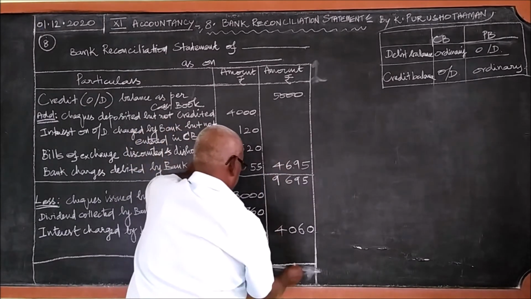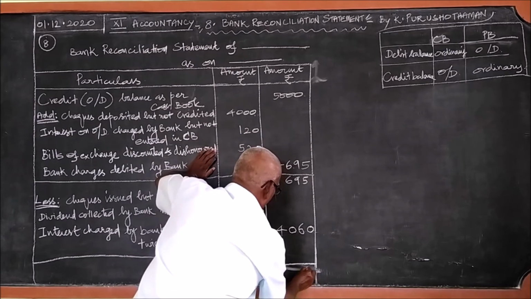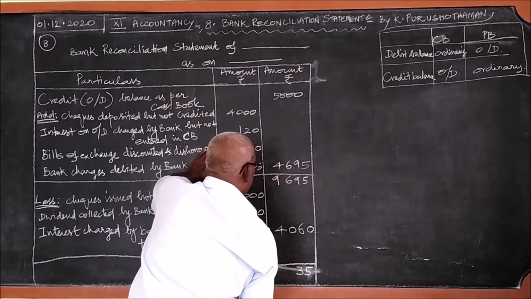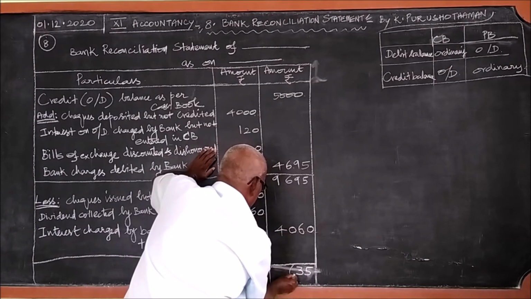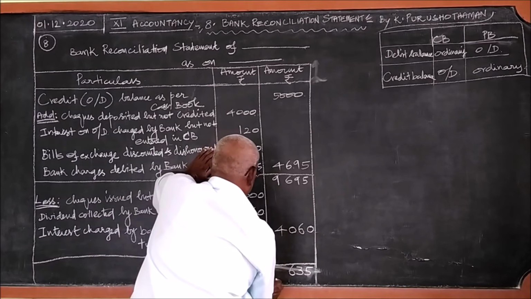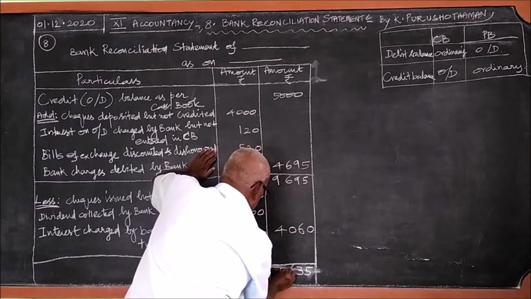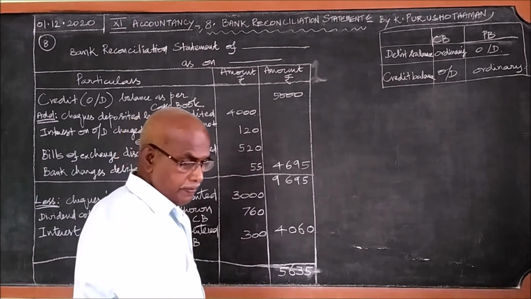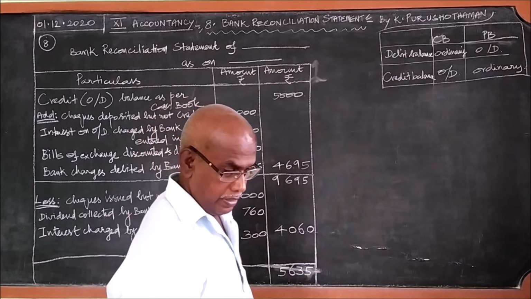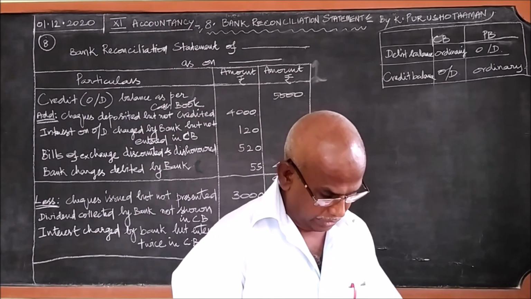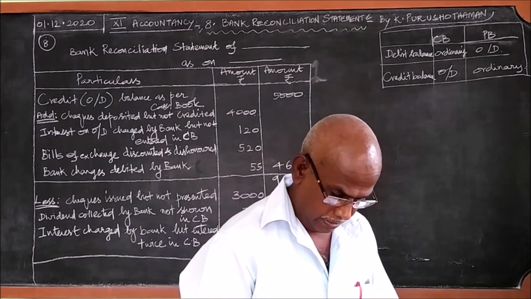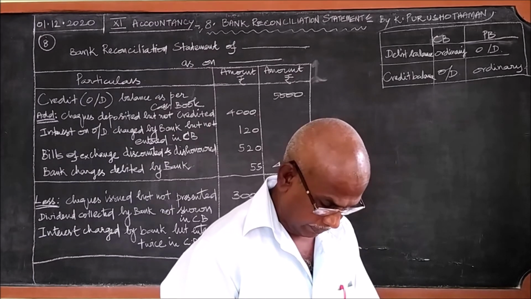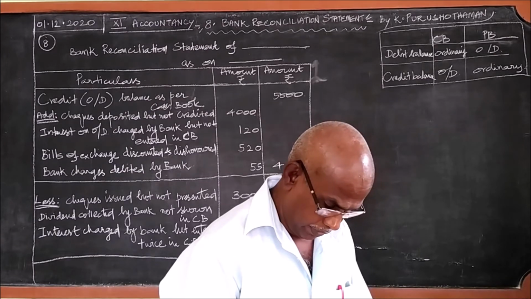Then you can minus from this: 5, 9 minus 6, 3, 6 minus 0, 6, 9 minus 4, 5. It is 5, 6, 3, 5.